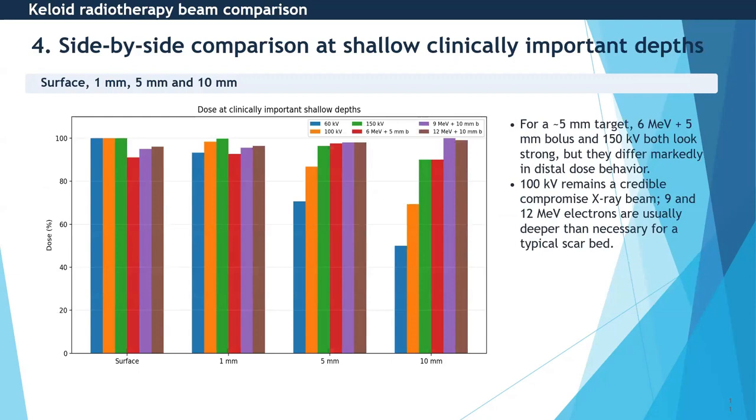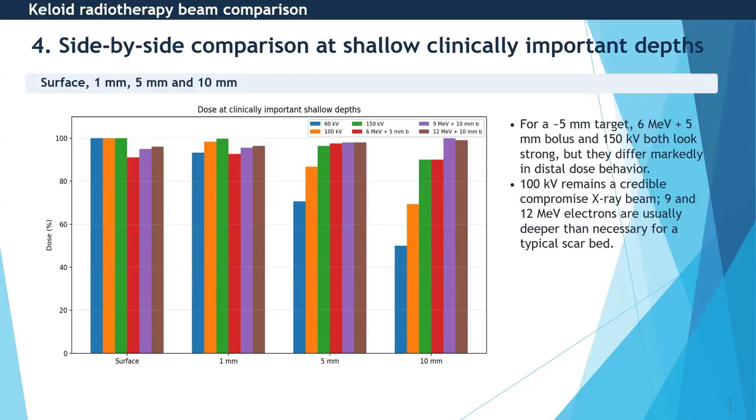Now this is, I think, the most important of the graphs. This is a side-by-side comparison at shallow, clinically important depths. And basically the three bars on the left-hand side are the X-ray beams, and the three on the right-hand side are the electron beams.